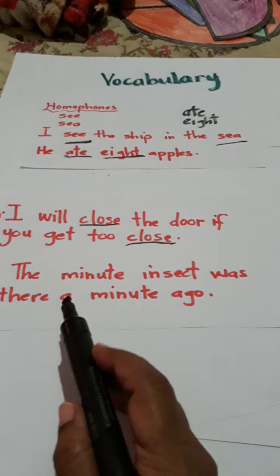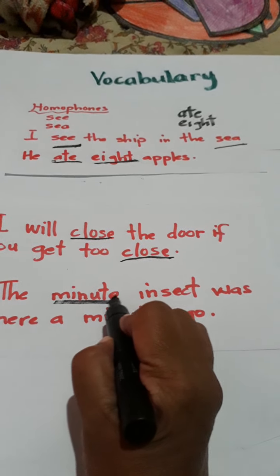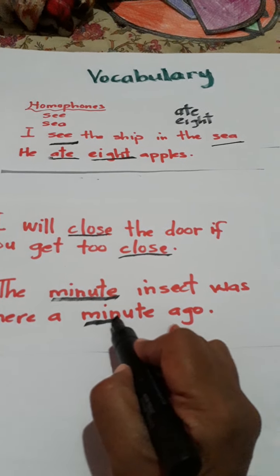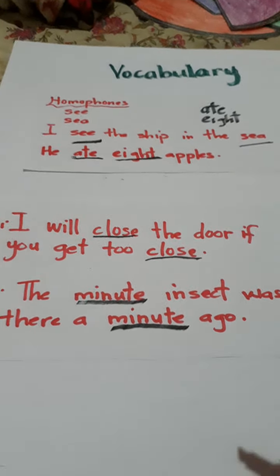Let's look at the second one. Again, you will notice we have 2 words. They are spelled the same. And you would recognize this word as the word minute. Now I'm going to read the sentence. The minute insect was there a minute ago.